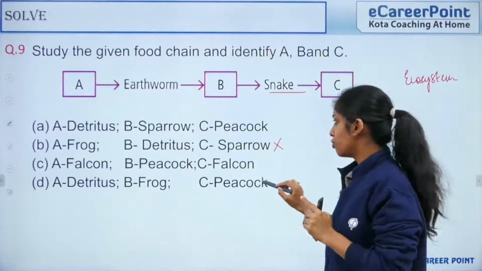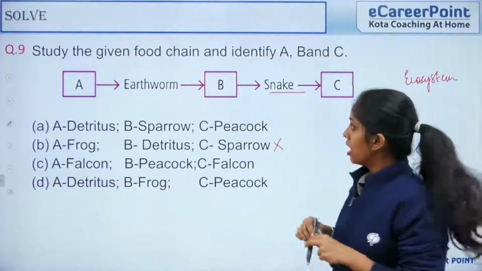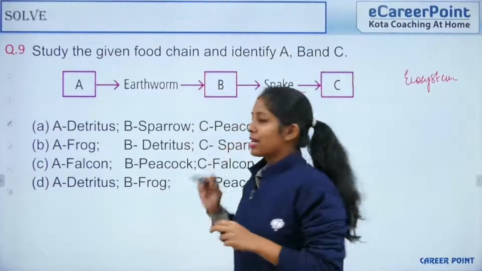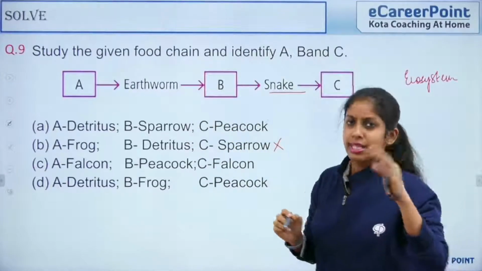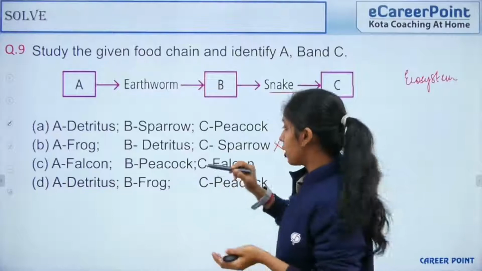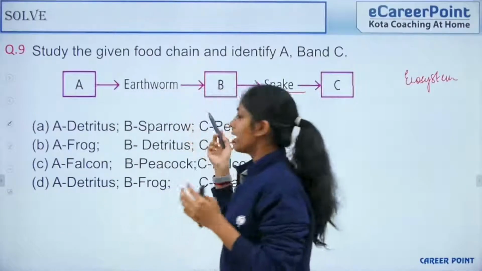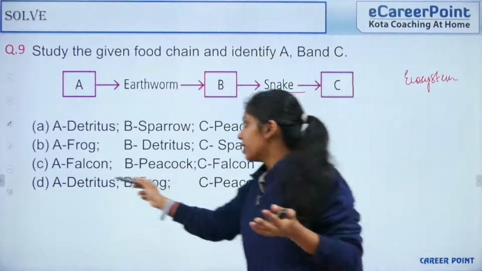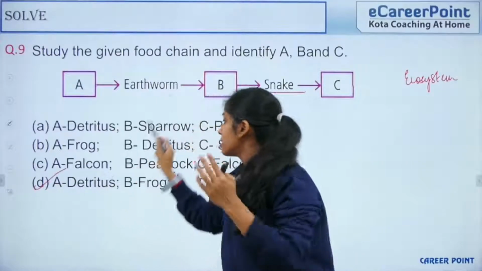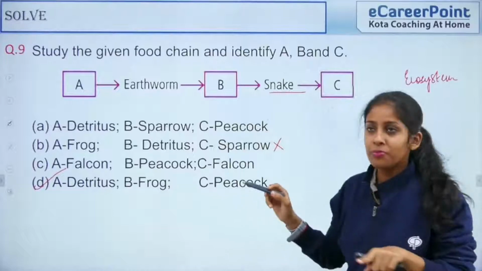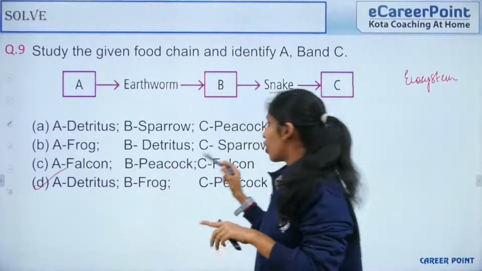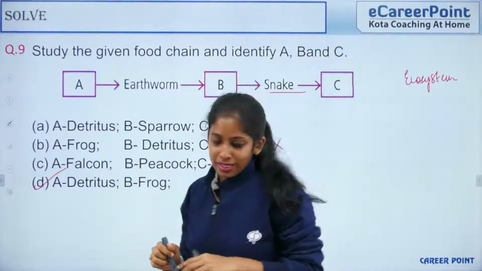So if you have a confusion, check these 3 options. An earthworm can be eaten by a sparrow to some extent, if the sparrow finds the earthworm. But A here says detritus. It can be detritus, but here the most suitable option is that the earthworm is eaten by the frog. So it is detritus, frog and the peacock. That would be the answer.